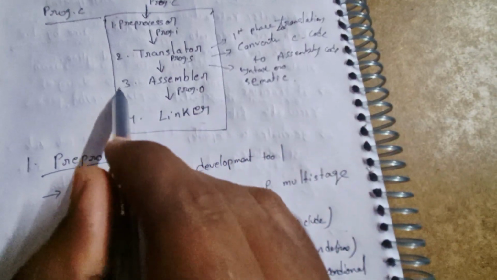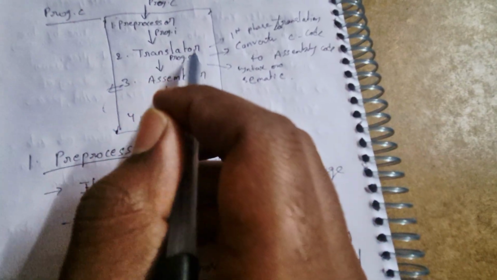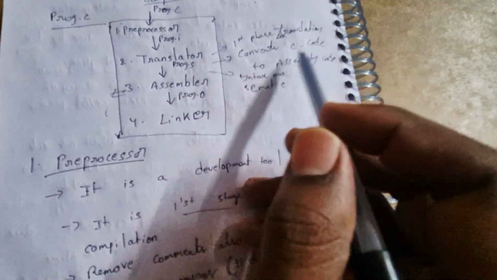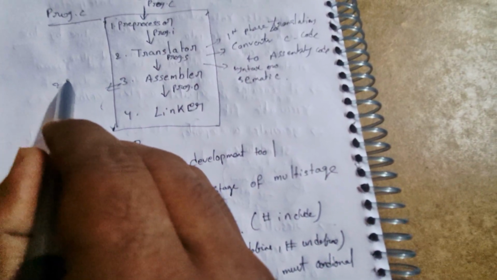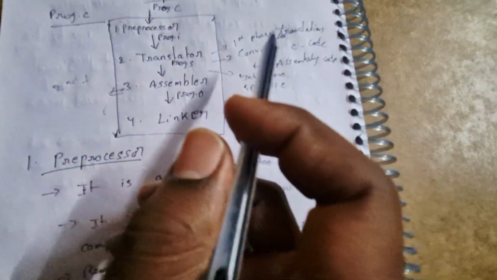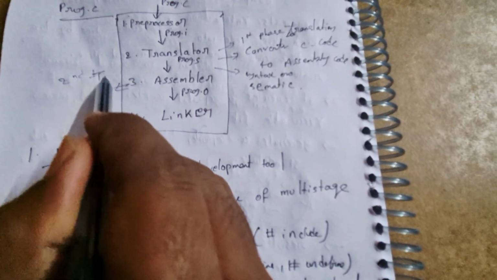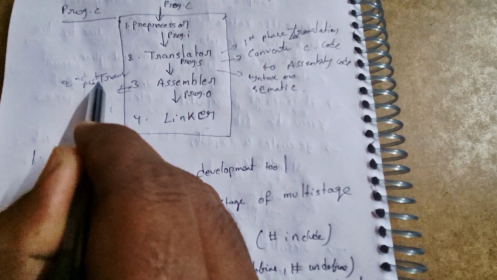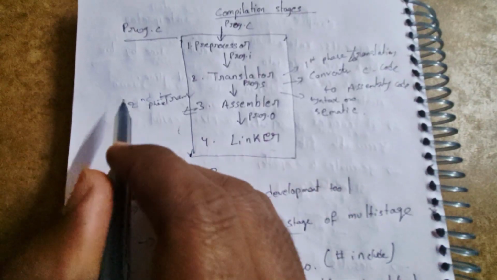Okay, and assembler. The translator is the first phase, right, and this assembler is nothing but the second phase of translation. And what does assembler do?